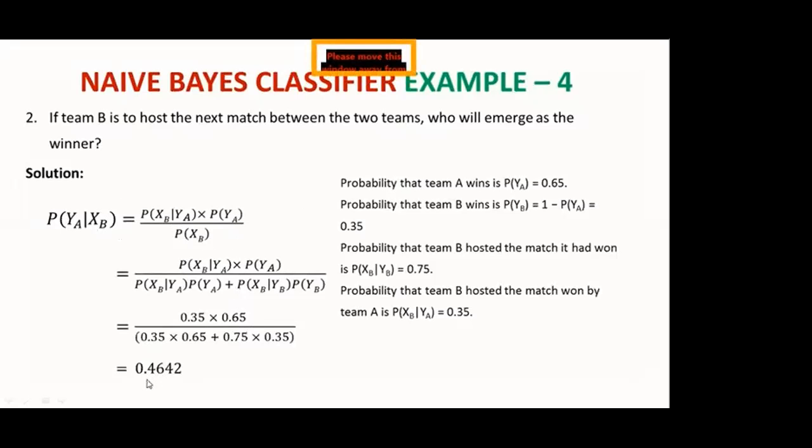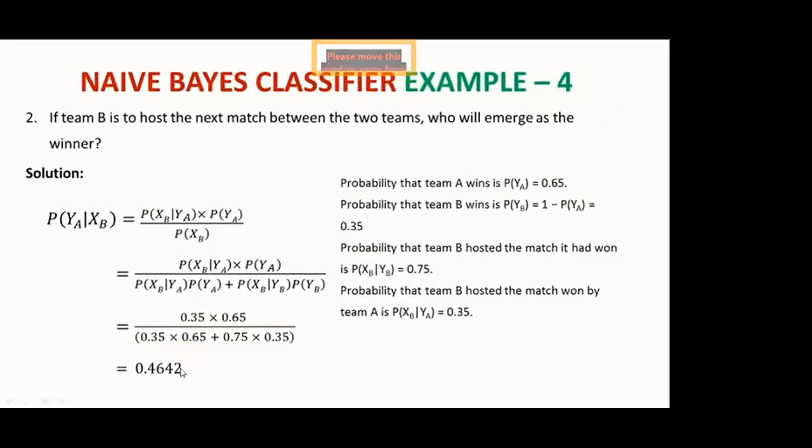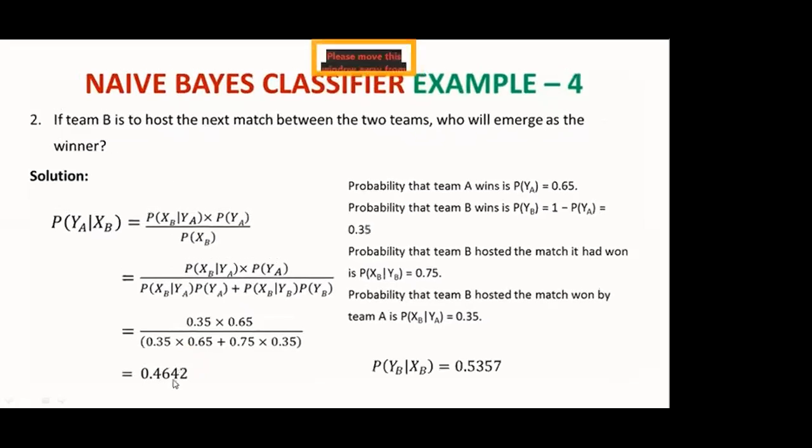Now, the first question was, what is the probability that team B emerges as winner? That is about 53%. Next, among those two teams, if it is played in team B ground, which one will win? The probability of team B is 0.53 and of team A is 0.46. So the answer is team B has the highest probability of winning the next match if it is played in its own ground.